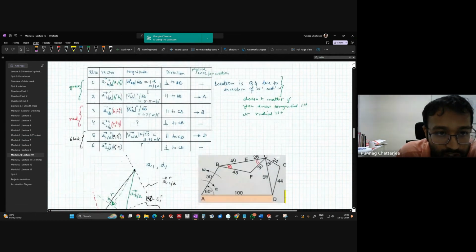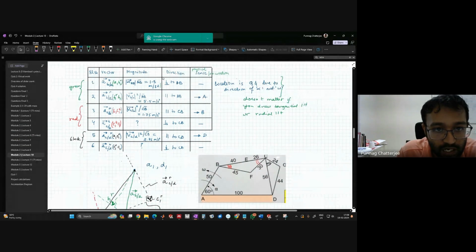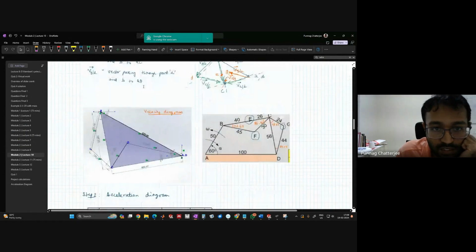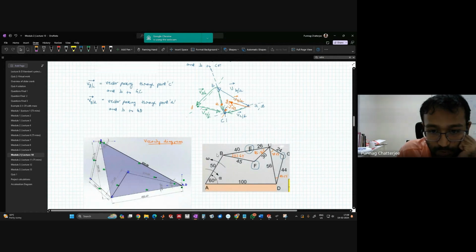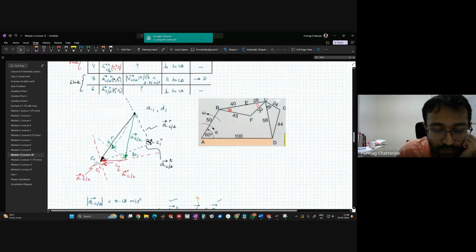The way we draw this is perpendicular to AB, as we have said. So we draw this line of length 1.3 perpendicular to AB. So we have the AB vector, which is perpendicular to AB, like this.